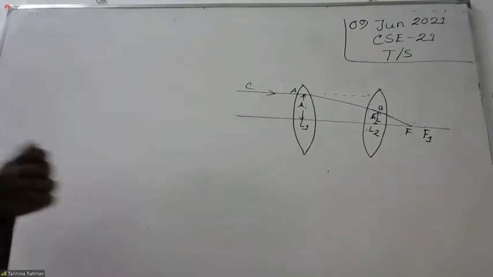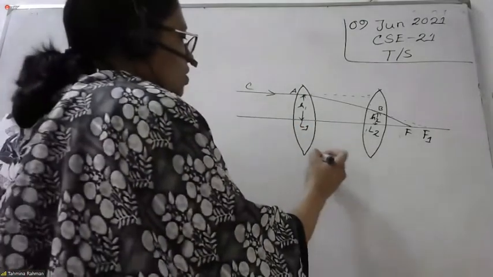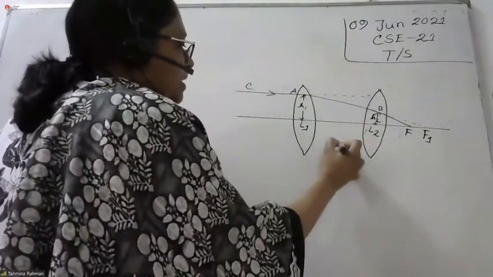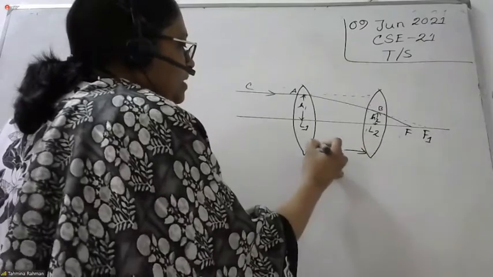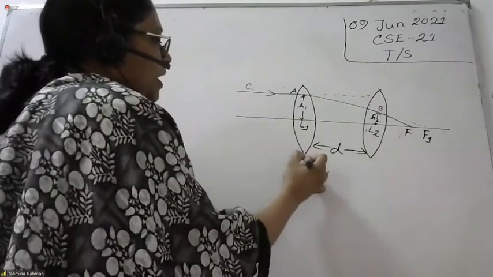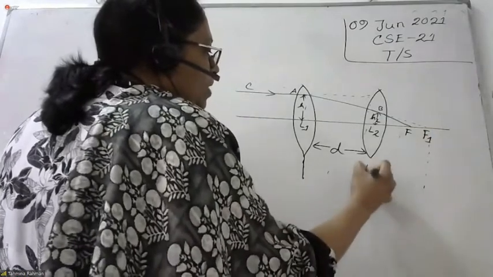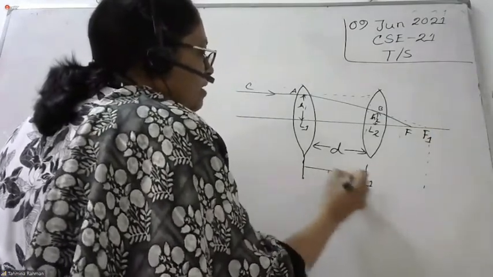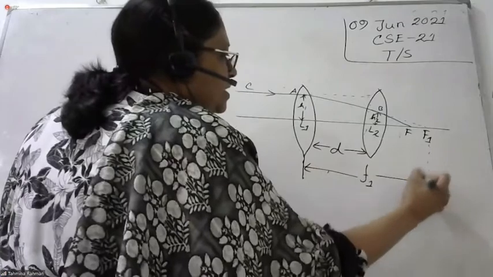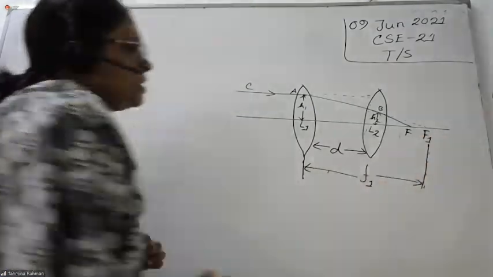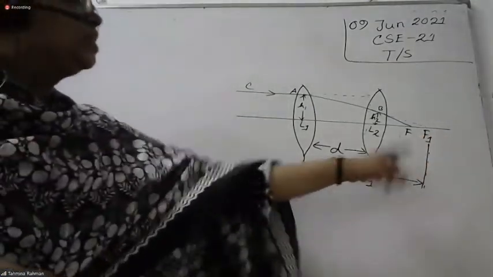Yes, ma'am. Okay. The distance between the two lenses is denoted as a small d, and from this point to this point, this one is F1. It is the focal length for the first lens.